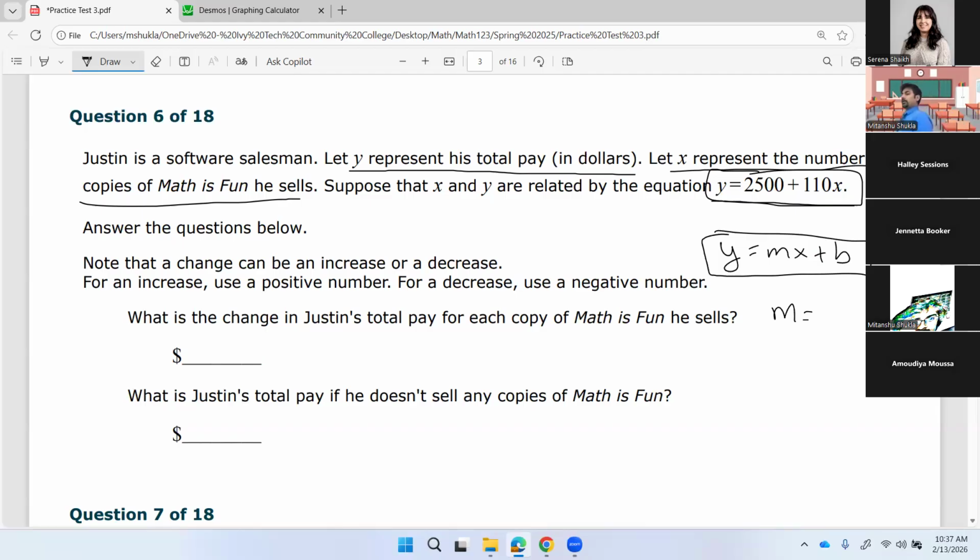It's always going to be multiplied to what? Yeah, always, right? So if it's not being multiplied to the X, is it the M? No. So what is our M? And our B is the beginning. Be the 20. Very good.